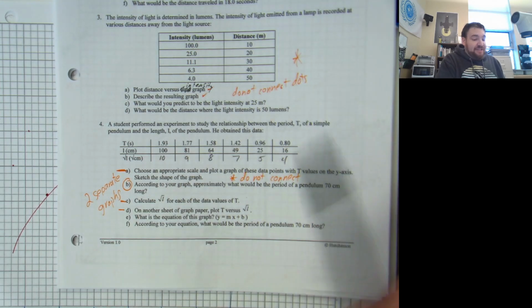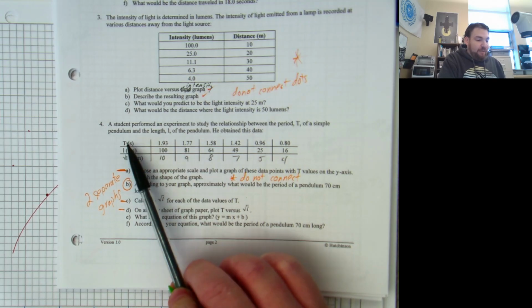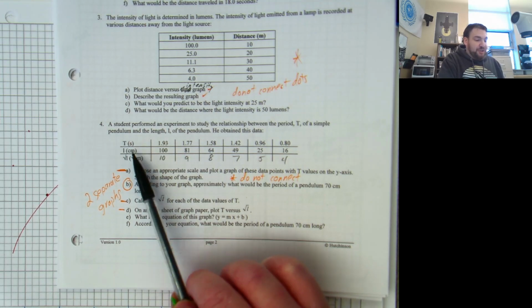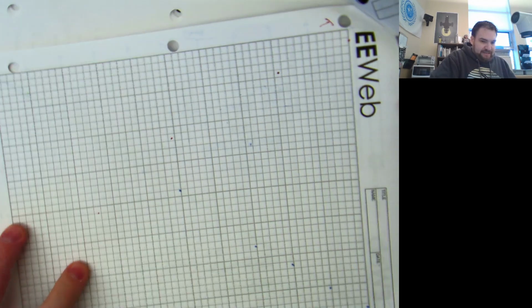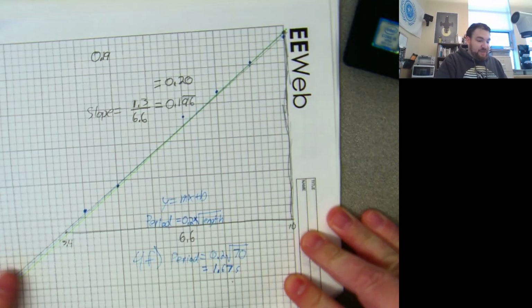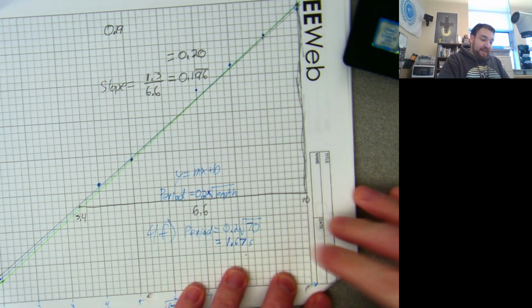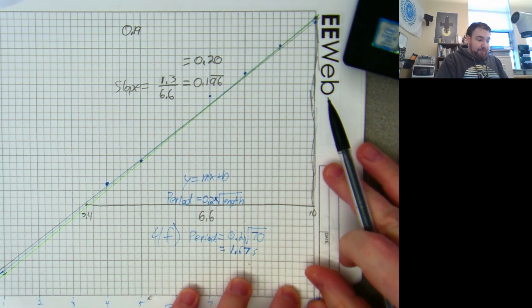And so then if instead of graphing the period versus the length, we graph the period versus the square root of the length, you're going to get data that looks like this. And if you look at the data here, this is way better approximated by a linear graph than the previous one.